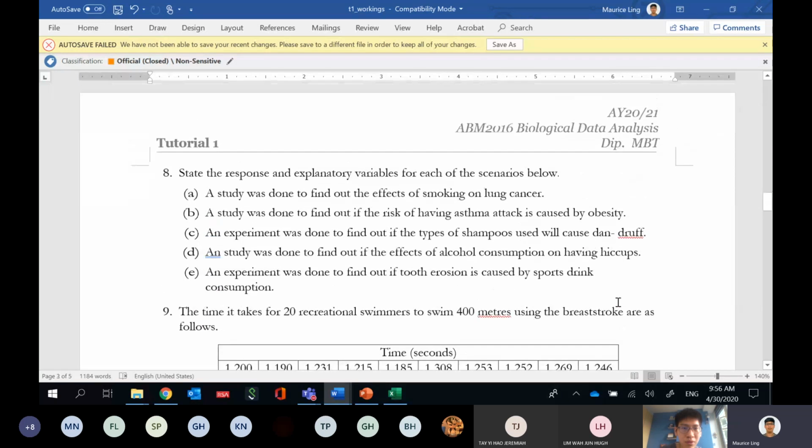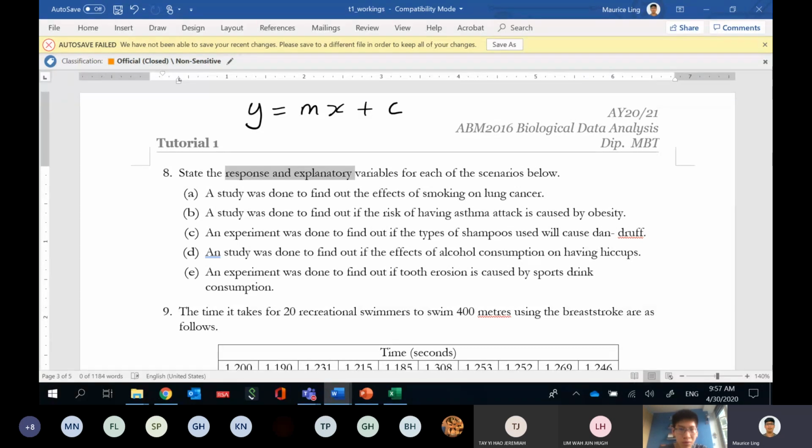Okay, so now what we want to look at is response and explanatory variable. Which one is a response variable, which one is explanatory variable? Response variable is simply this idea. In maths, we have your general equation y equals mx plus c.